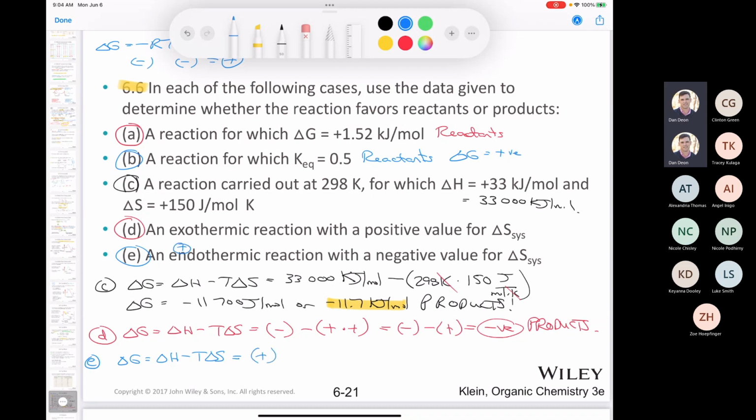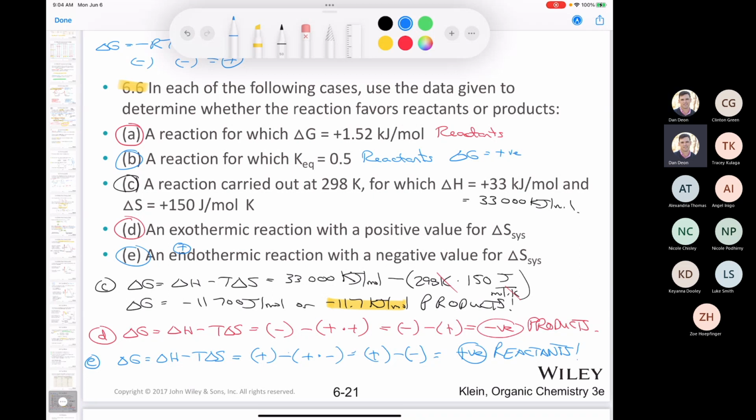So we've got positive, and then we subtract a positive number multiplied by a negative value. So that means you've got the positive, subtract a negative. So that's the same thing as taking a positive and adding something to it. So that means you'll always get a positive number. That means that it's going to favor the reactants. Boom. There we go.